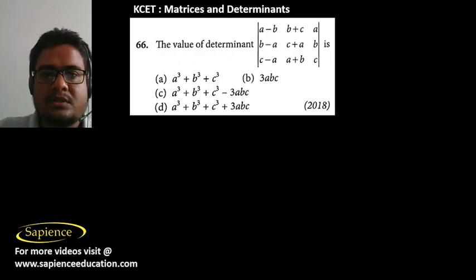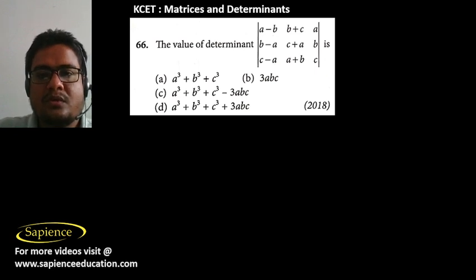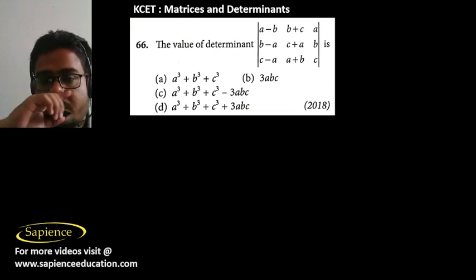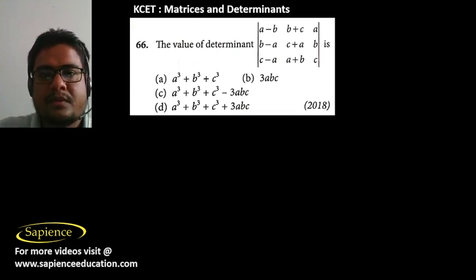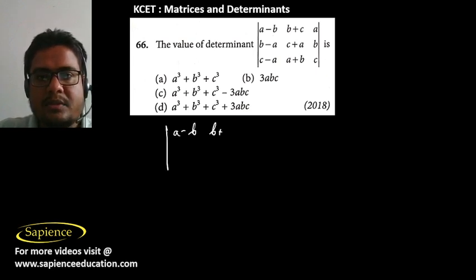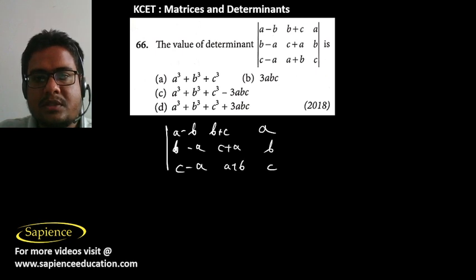Question number 66 tells us to find the value of this determinant. We have to find the value of the determinant of a minus b, b minus b plus c, a, b minus a, c plus a, b, c minus a plus c.